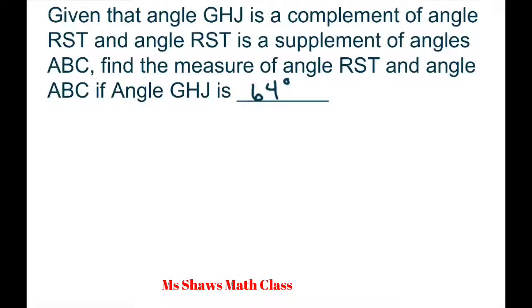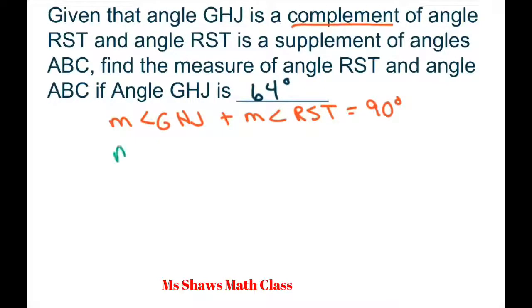And finally, we have this one. So you write that out again. All right. So we have the measure of angle GHJ plus the measure of angle RST equals 90 degrees.